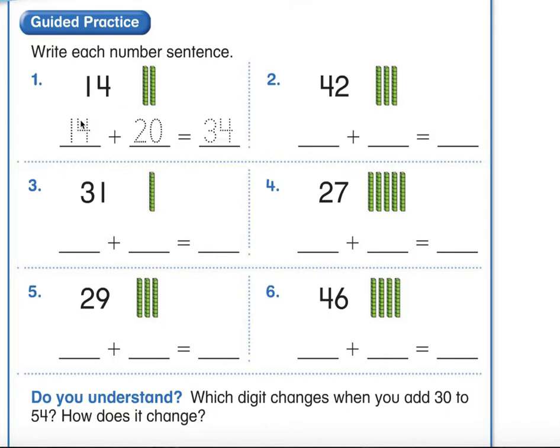So for number 1, I'm just going to go through this real quick, and then you guys can try number 2 on your own. I looked at this for a little bit, and I thought about what would be the easiest way to do a problem with the way that they're showing us. So we know that we have 14, so we can trace number 14, right?